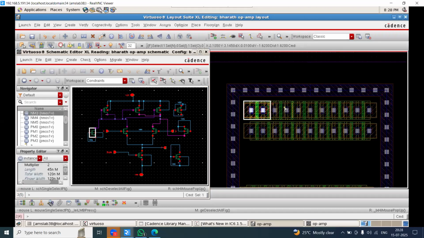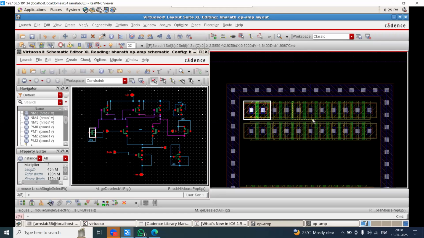If we want more stack dummies, as I said, we will be using multiple single devices in series. The internal nets will not be connected anywhere, and only this one corner net and one bottom net will be connected to those devices. That is the reason why we use series stack dummies in the corner for device protection.